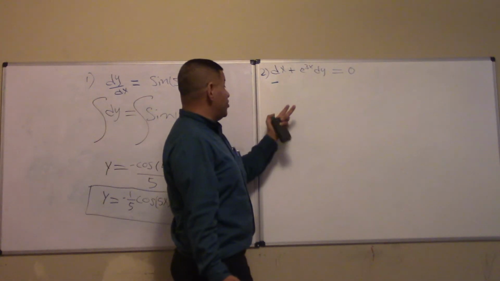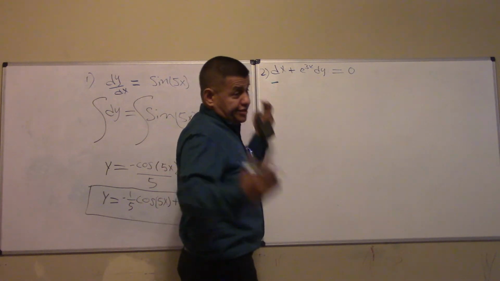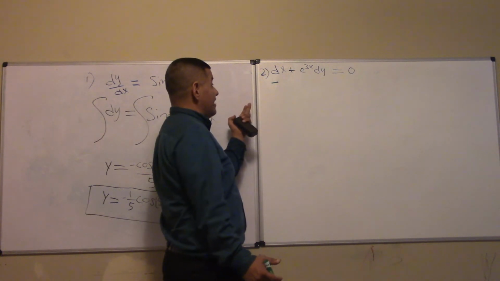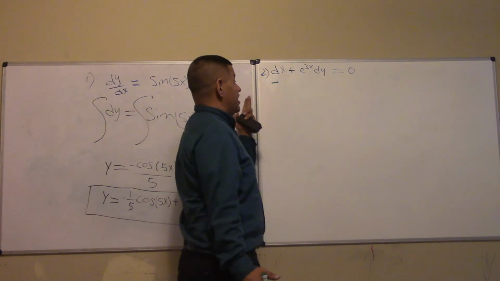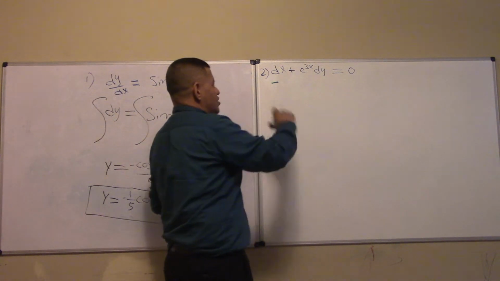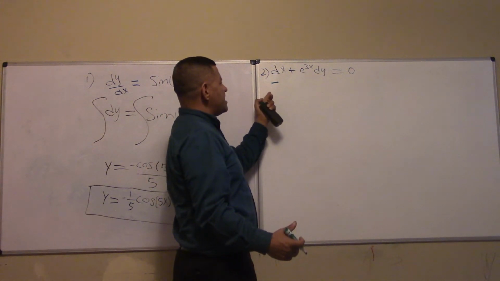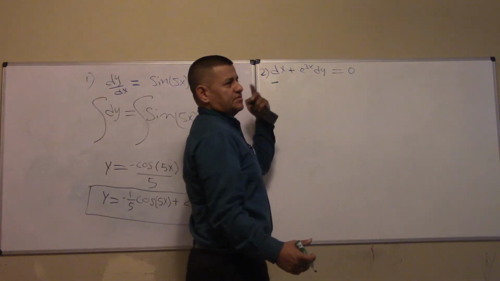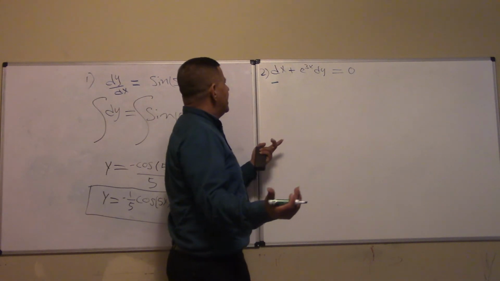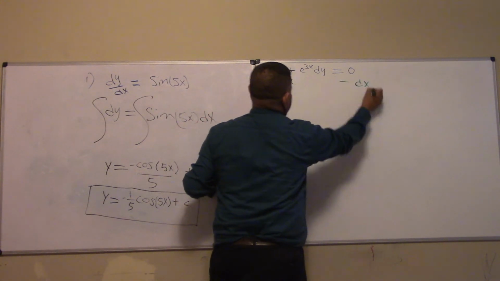If you feel comfortable doing the y's on your right side, that's fine, but for me it's easy to say this is y, this is x, and at the end of the day I have to make y equal to x, whatever variable I have on the other side of the equation. Now, what I do here is subtract dx.